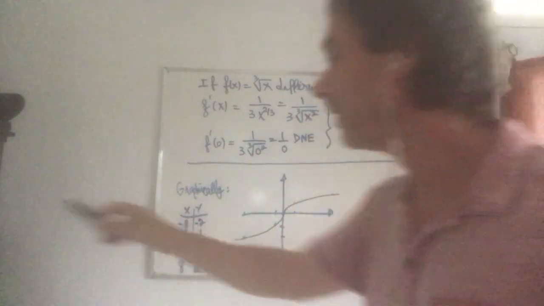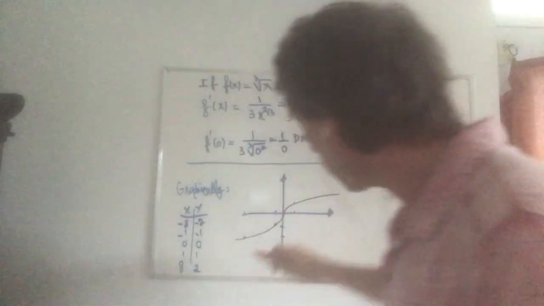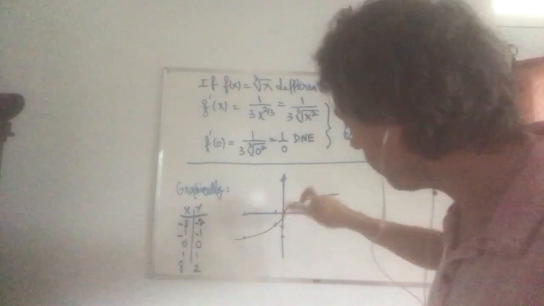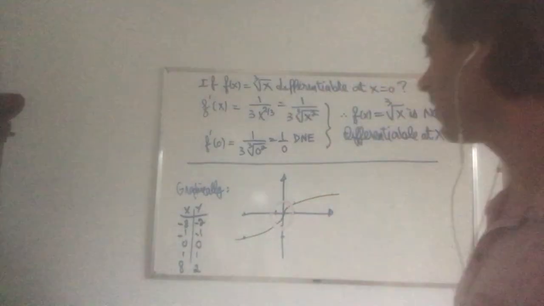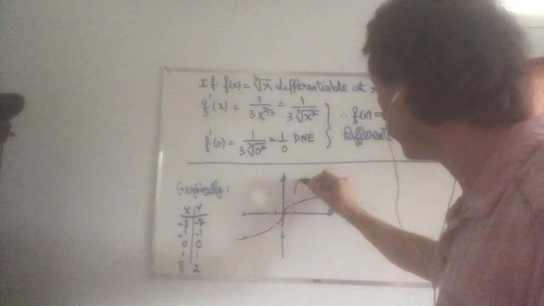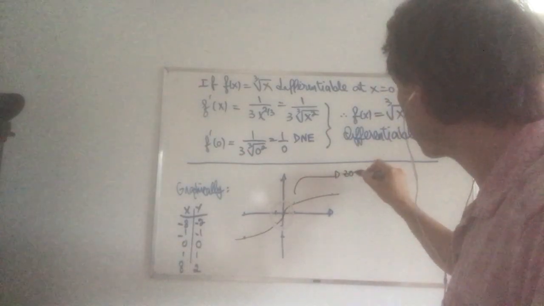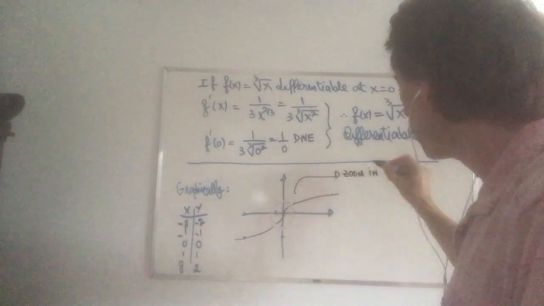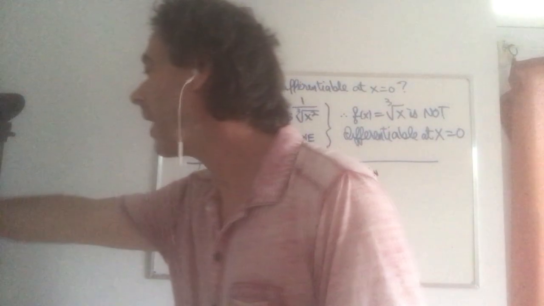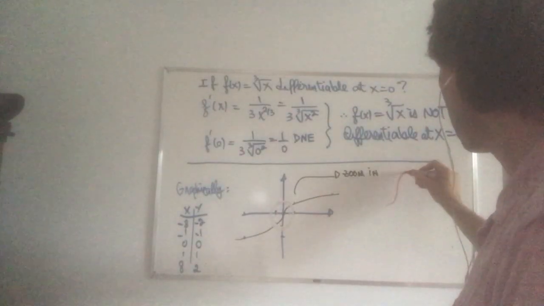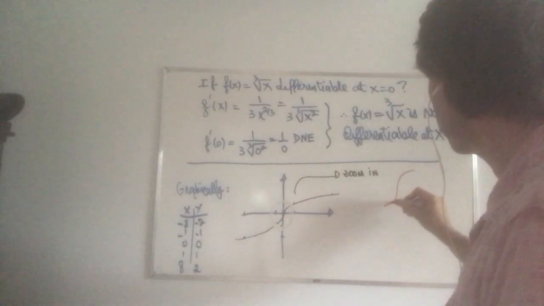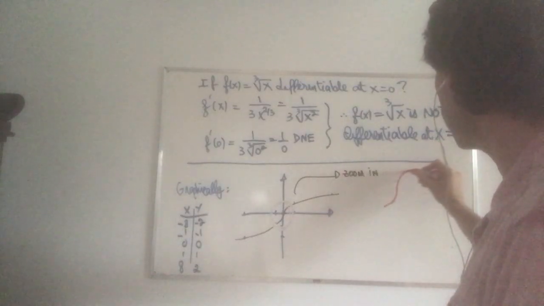And I am actually interested in finding out what is happening at 0. So it's the behavior of the function in that area that I am concerned with. So I'm going to zoom in. What is it that I have here? I have something like this. It's not very good, but I think you get the idea.